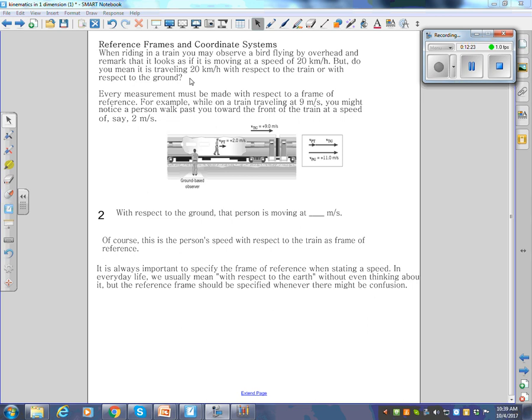Does Jason mean it's traveling 20 kilometers per hour with respect to the train or with respect to the ground? In other words, if I'm in the train with him, do I say, "Yes, you're right, Jason, it sure does look like that bird's traveling at 20 kilometers an hour"? Or does someone else, like Anna, who's on the side of the road, waving at the people in the train, say, "What are you guys talking about?